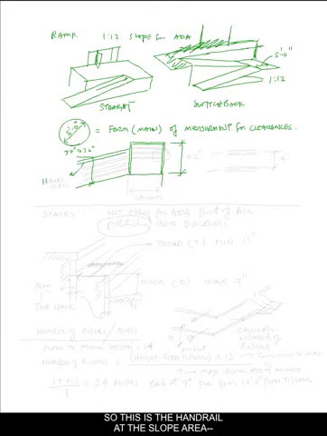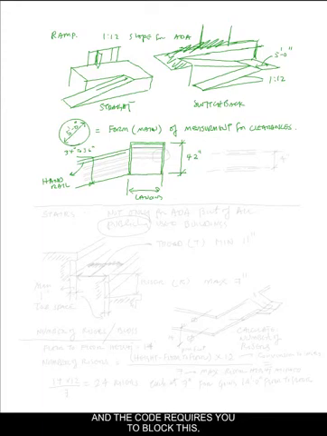So this is the handrail at the slope area, and then this is the landing. So the height will increase to 42 inches.